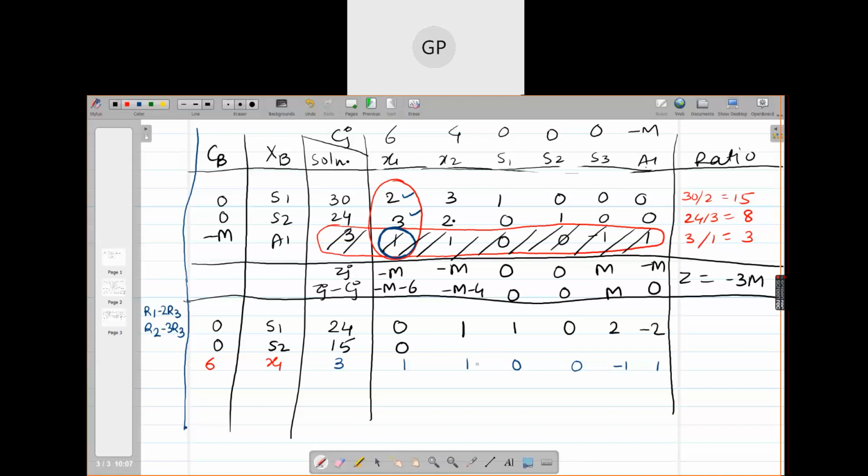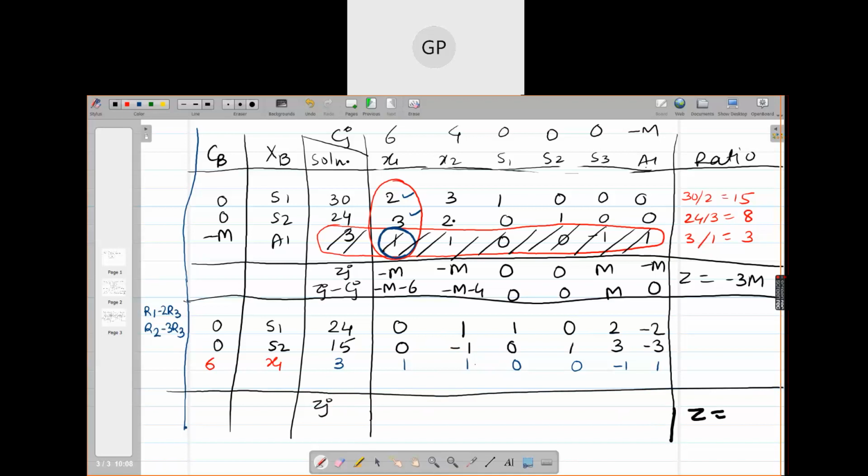Then 2 minus 3 into 1 is minus 1. 0 as it is. 1 as it is. 0 minus 3 into minus 1, that is plus 3. And 0 minus 3 into 1 is minus 3. So I hope I have done the calculations correctly, right, girls?